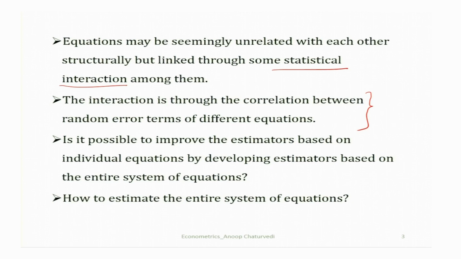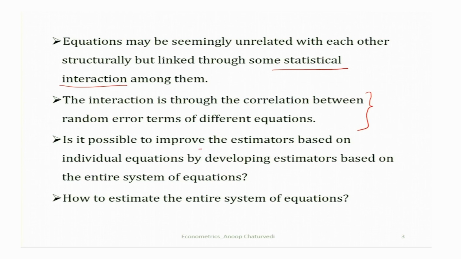Such correlation may be due to omission of some common factors from each of these equations, or maybe those firms are in the same sector of the economy. So, any changes are reflected in each and every equation, and all the equations have some kind of correlation between them.